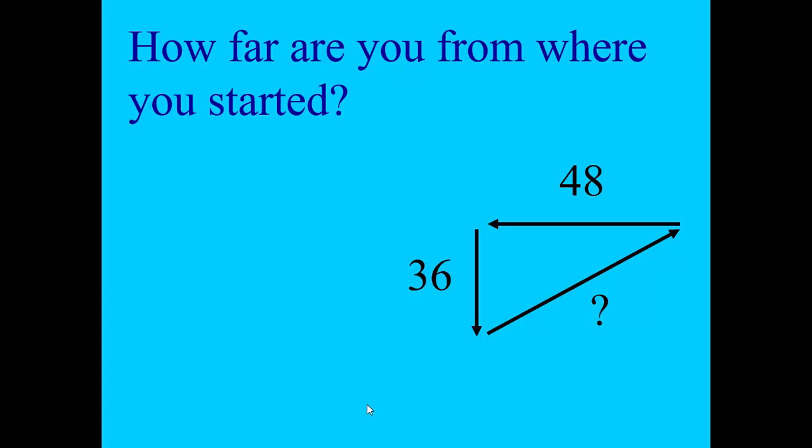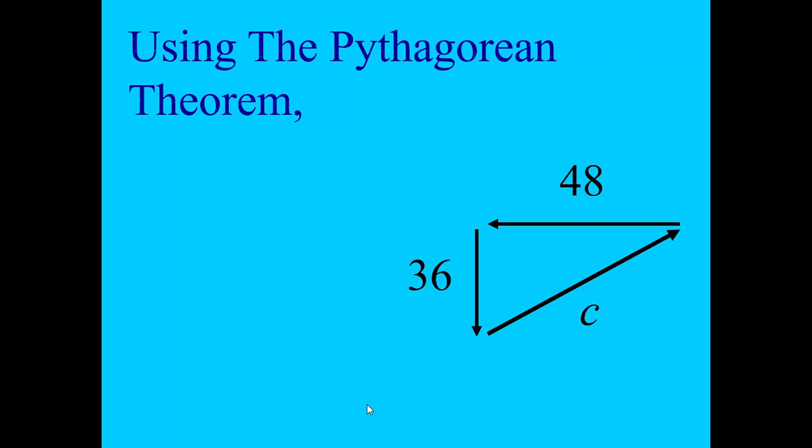That would be the shortest distance between point A and point B, and to find that we are going to use the Pythagorean theorem. We can represent that length by c, which gives us the problem 48 squared plus 36 squared equals c squared, or some unknown.